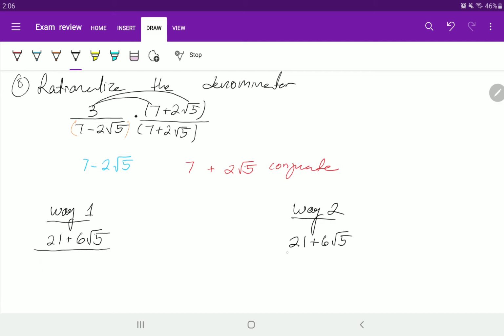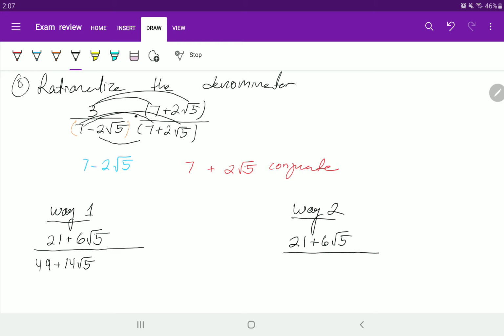Now, when it comes to my denominators, way number 1, I'm going to utilize distributive property. Way number 2, I'm going to use the rule about when we're multiplying conjugates equals the difference of perfect squares. So for my denominator, first thing is first, 7 times 7 is 49. 7 times 2 square root of 5 is going to be positive 14 square root of 5.